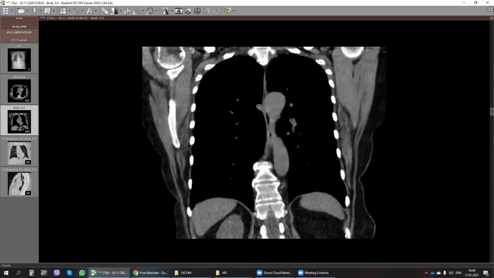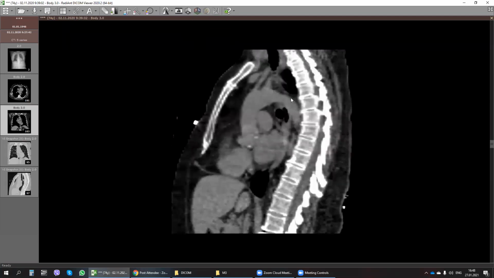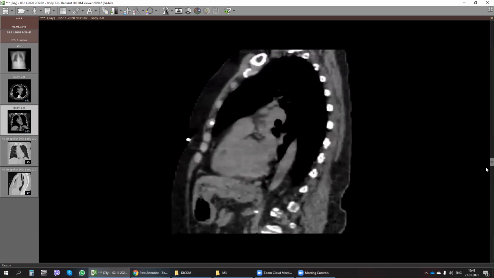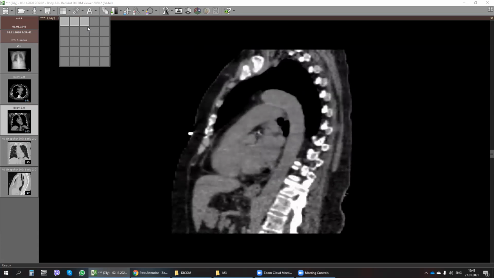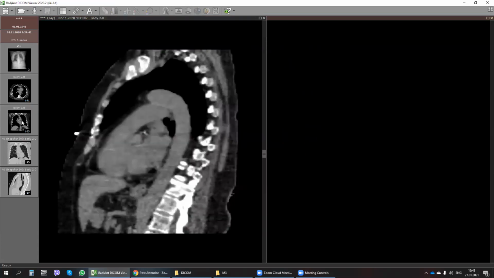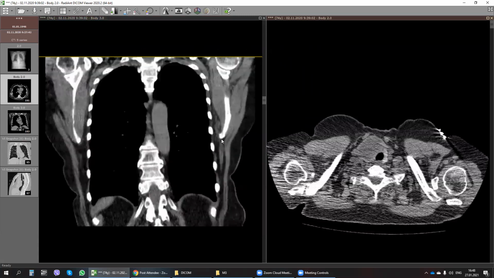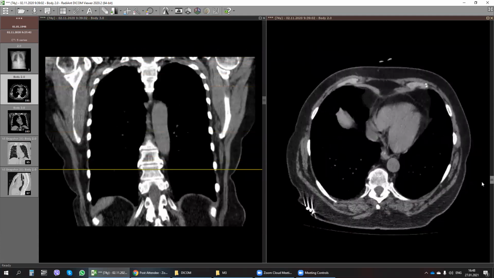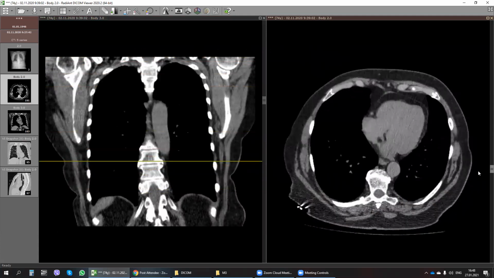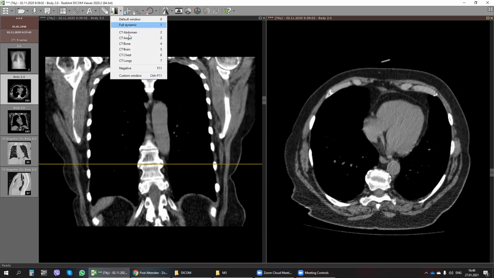So this is how we work with the CT images. We can switch between the different projections in order to perform three-dimensional reconstruction. We can also switch to different projections in one window or in two windows or more windows, and using the marker we can detect on which level we are right now.